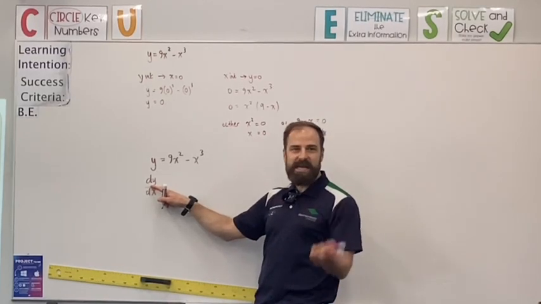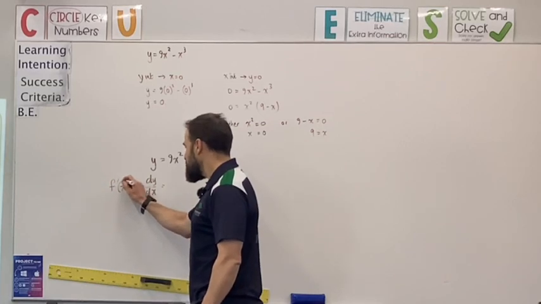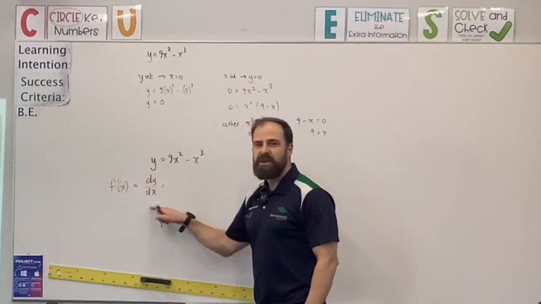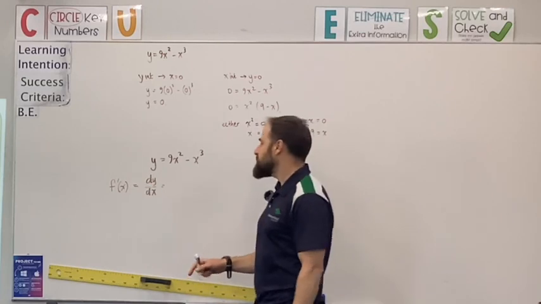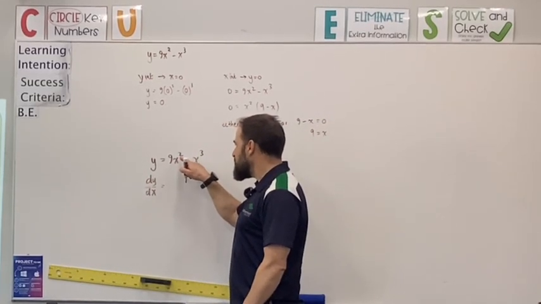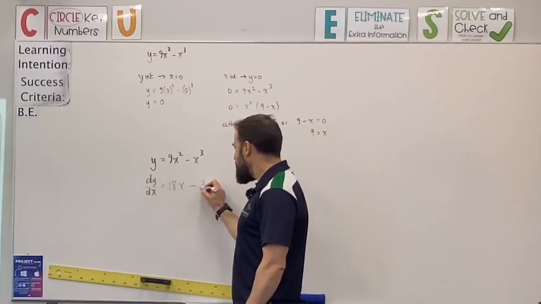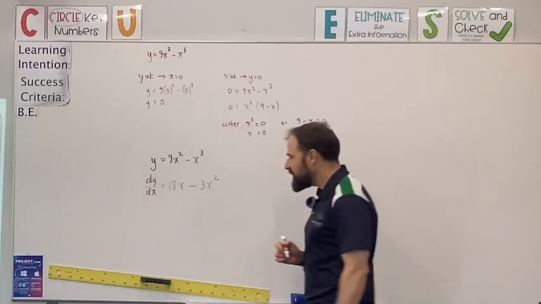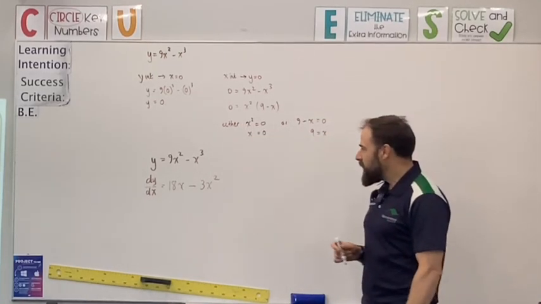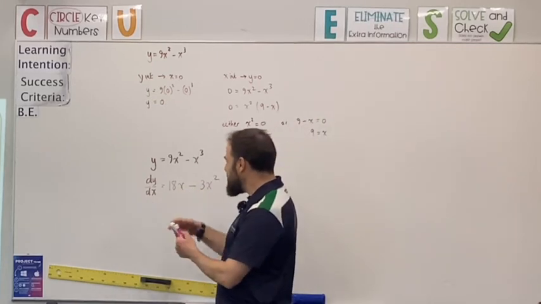It means exactly the same as f dash of x. Different notation, same process. Okay, differentiate this. Call out the answer. 3x squared, nice.